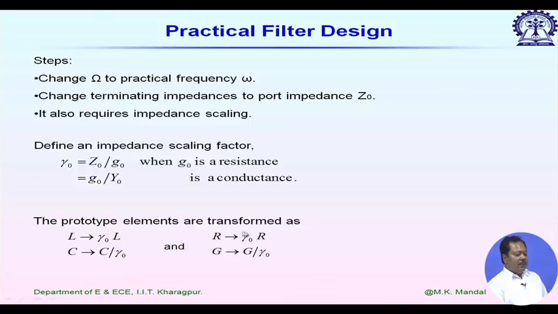The prototype elements are transformed as L equal to gamma0 times small l, where small l is the normalized g parameter, then C equal to small c by gamma0, where again the right-hand side c is the normalized g parameter. Similarly, we can find out the real R and G; all the right-hand side values are the g parameters.